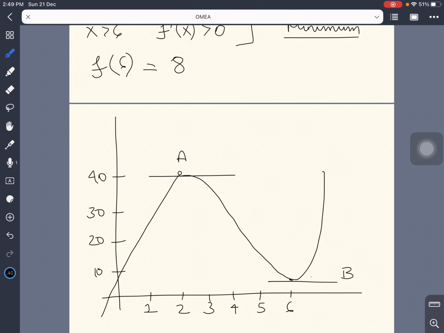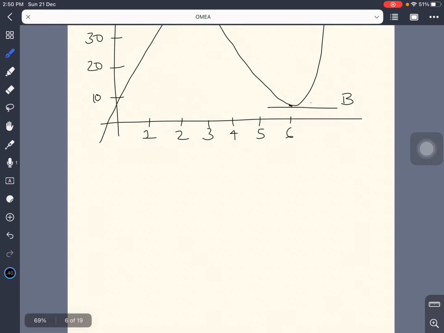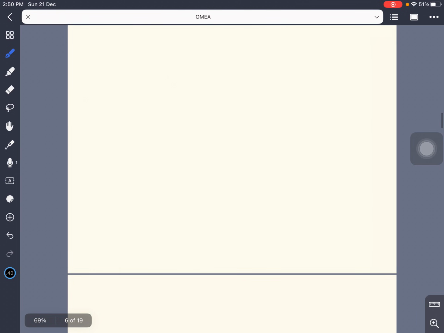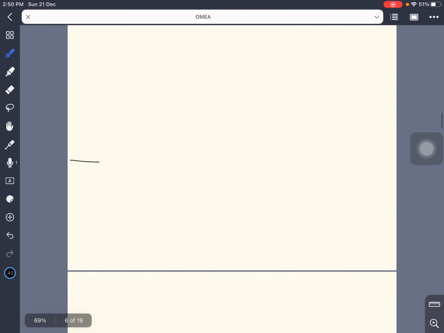So this is how, using the first derivative test, we come up with the relative extremum points. The next part of this chapter, from 9.3, we are going to look at in our next video.